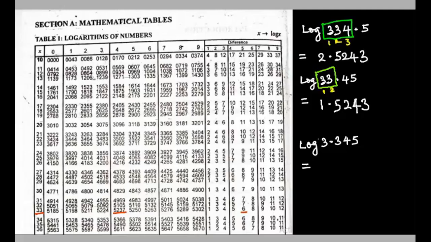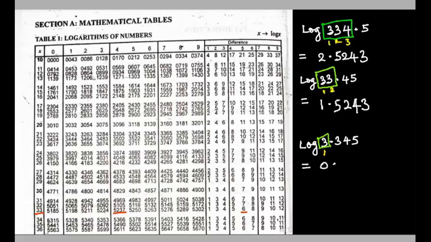So the whole number here is just 3 only. It has just 1 digit. Now, to get our characteristics, I will do a minus 1. So 1 digit minus 1, we have 0. Because 1 minus 1 is 0. So we have 0 point.